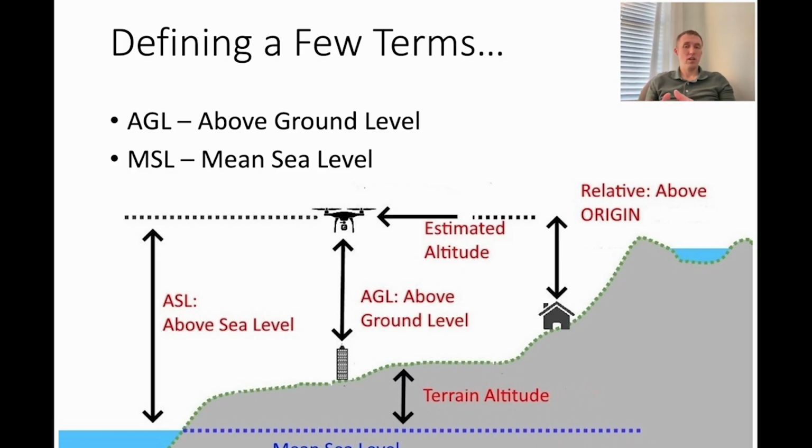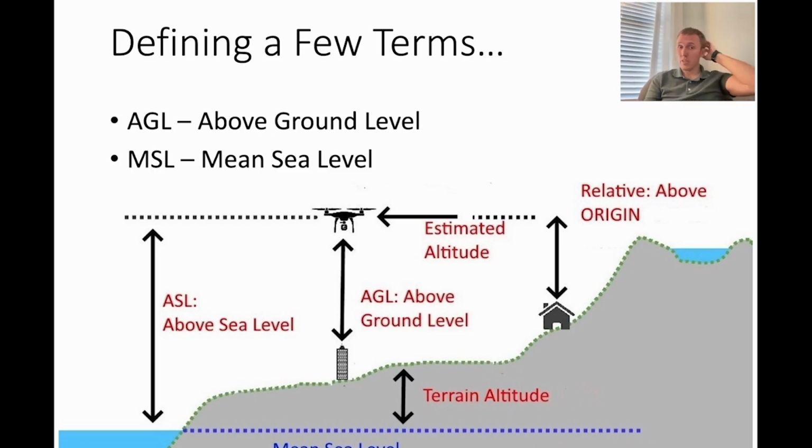For example, Class A airspace starts at 18,000 feet, and that's 18,000 feet above mean sea level, so it's 18,000 feet MSL. Now, if you're talking about Class Golf airspace, that's generally ending at 1,200 feet AGL. So 1,200 feet above ground level is where Class Golf airspace ends and Class Echo airspace begins. So these terms you're just going to want to keep in your mind.